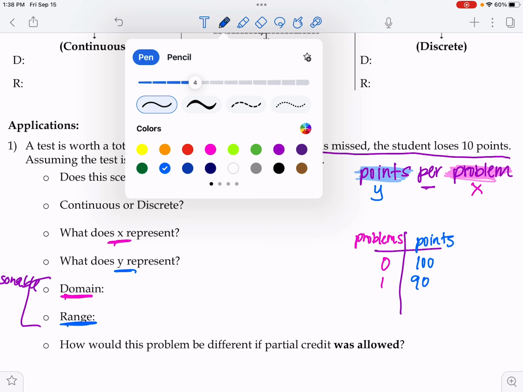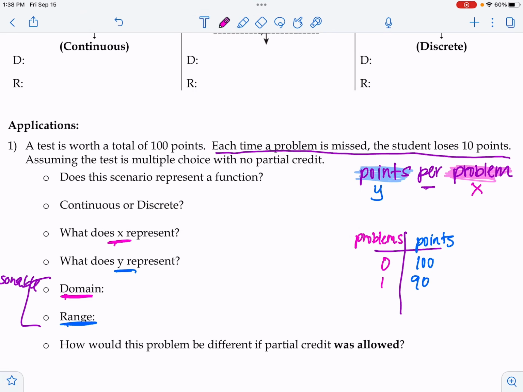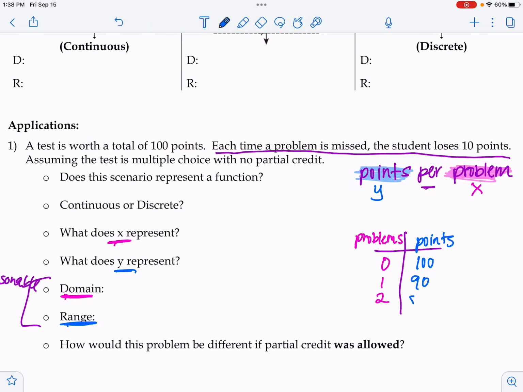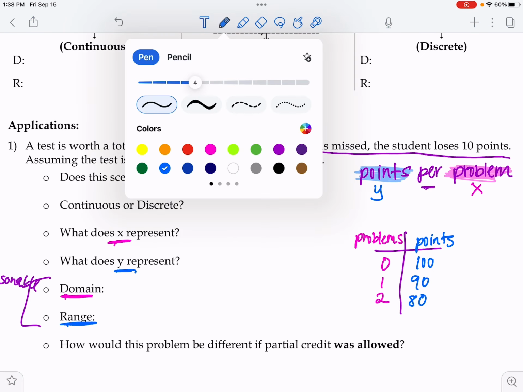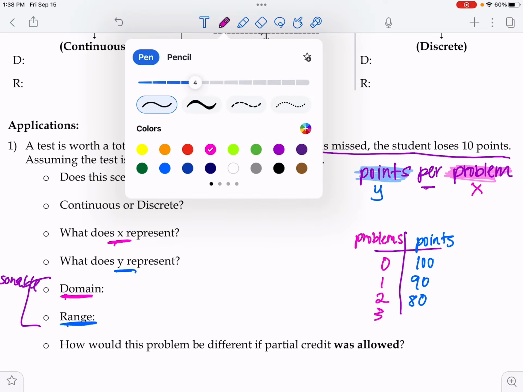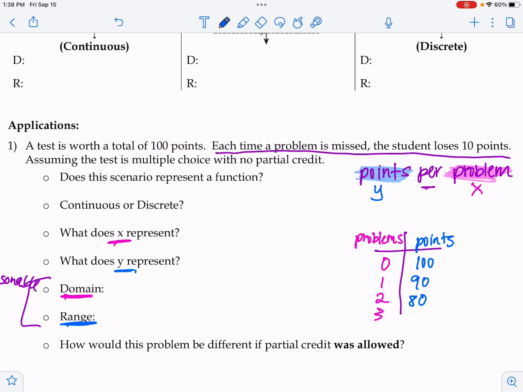If I missed 2, I would have an 80. If I missed 3 problems, I would have a 70. And in order to get a 0 on the test, I would have to miss 10 problems.